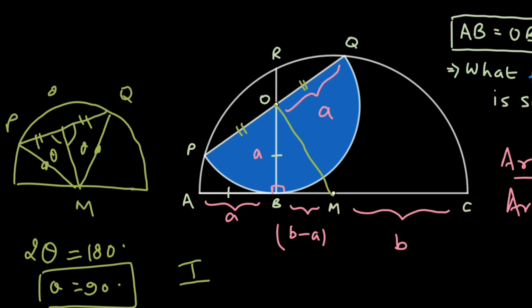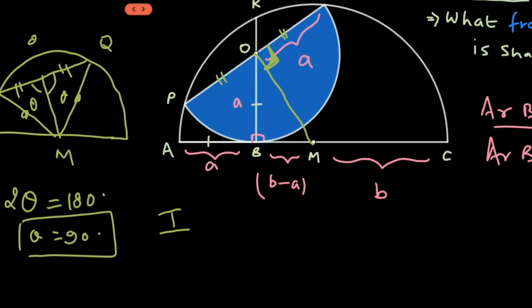So what I can say is that the angle formed at the intersection of the line segments MO and PQ is 90 degrees. Okay, now let us utilize this fact. So first of all, look in this right angle triangle, that is the triangle OBM. So the triangle OBM is a right angle triangle at angle B, so angle B equals 90 degrees.